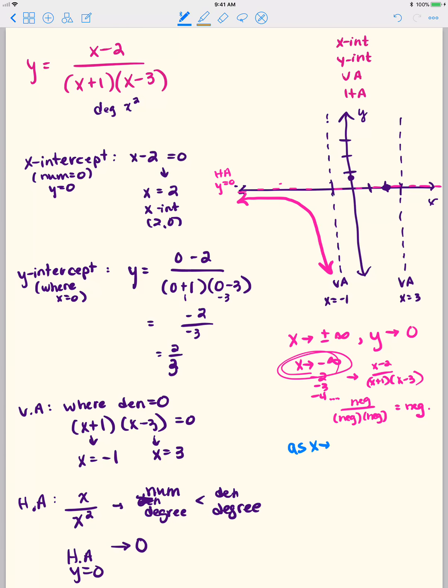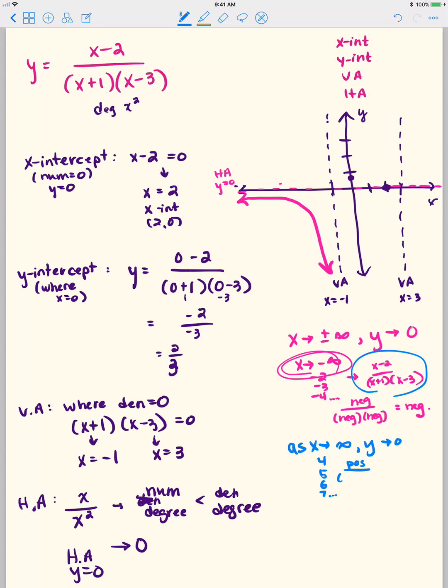Okay? We can do the same thing as x goes to positive infinity. We already know that as x goes to positive infinity, the function value goes to 0. But does it live in the lower half or the upper half? So we can look at values bigger than 3 because that's where our asymptote is, like x equals 4, 5, 6, 7, and so on. If you plug that into the function x minus 2 over x plus 1 times x minus 3, the top's going to be positive.